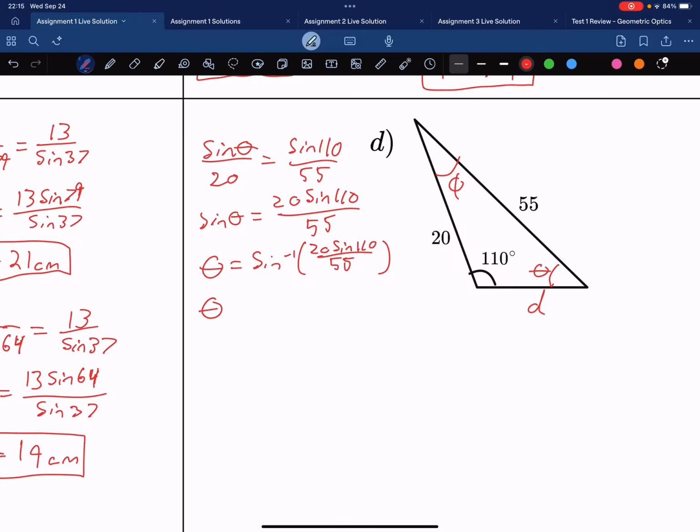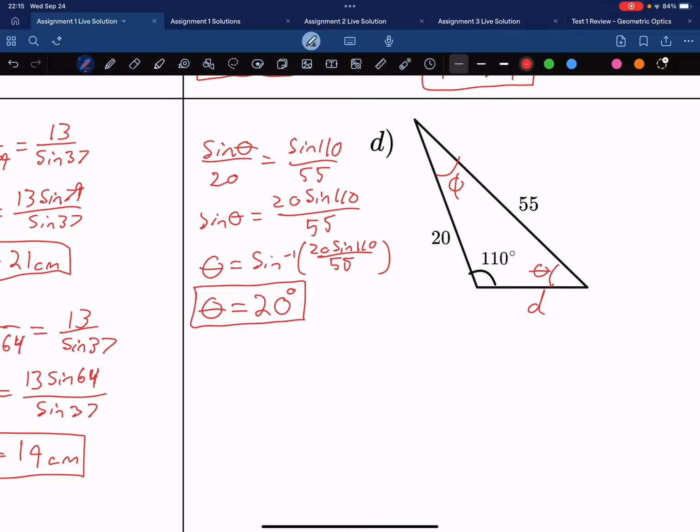Oops, did not mean to accidentally click the eraser there. And the sine inverse of 20 sine 110 divided by 55 gives us, that rounds up to 20 degrees. It's 19.98, a bunch of other decimals. I'm rounding that to 20.